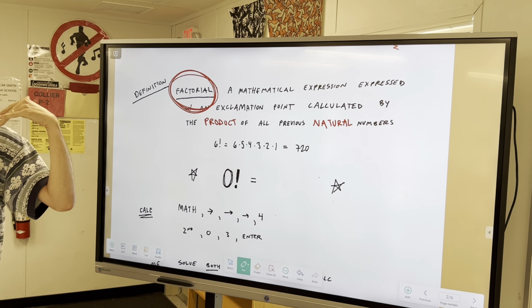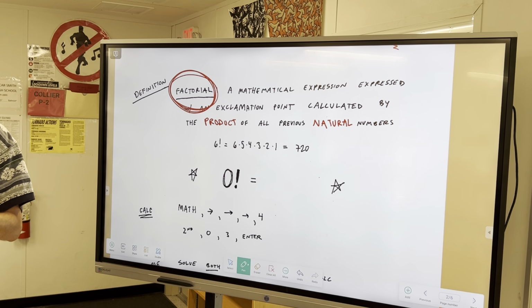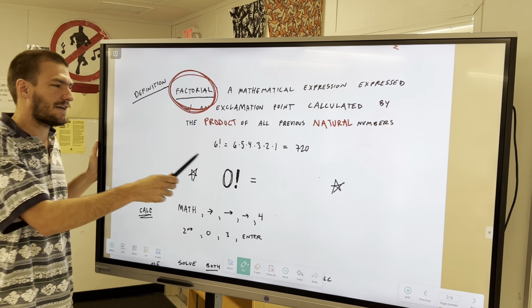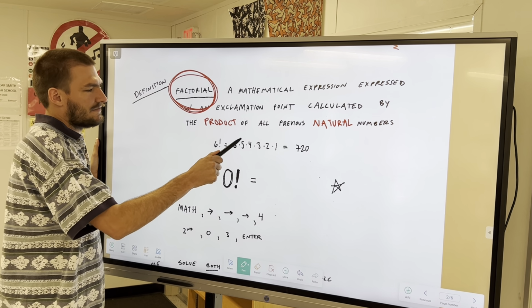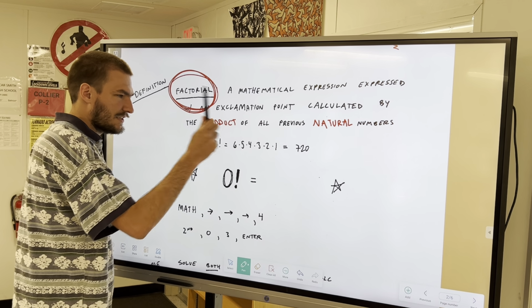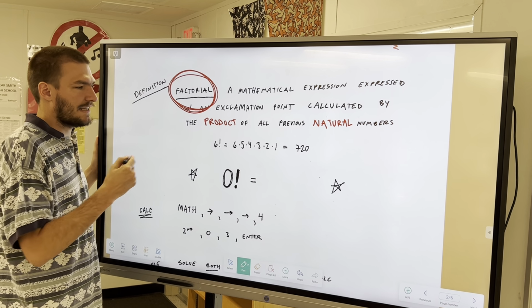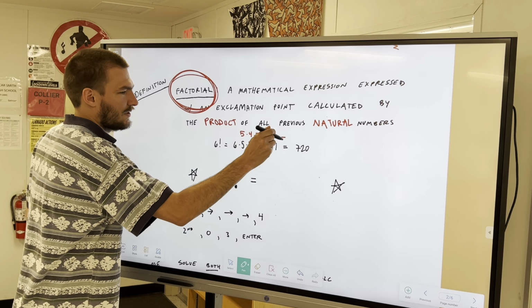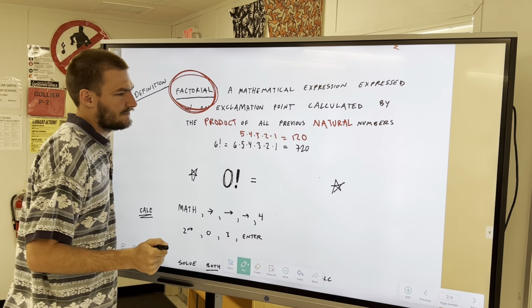That means we're not doing fractions, and it's not whole numbers, which would include 0, because otherwise we would be multiplying by 0, and the answer would be 0. So we're multiplying by all of the smaller natural numbers. So 6 factorial is 6 times 5 times 4 times 3 times 2 times 1, which is 720. And like we said before, 5 times 4 times 3 times 2 times 1 is equal to 120.